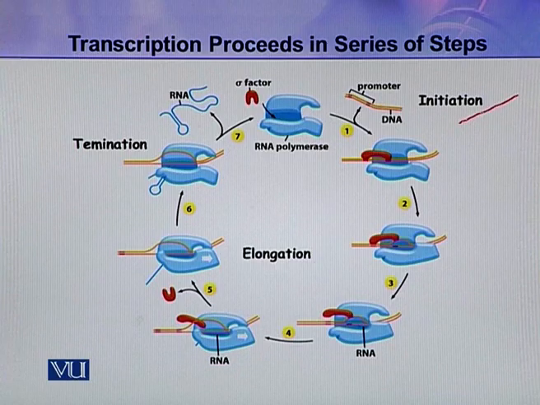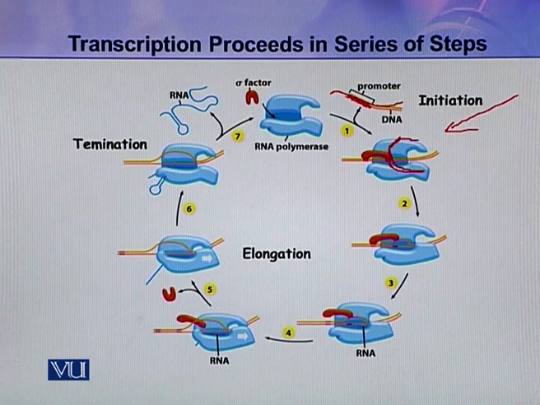It starts from here, that is initiation. This is the DNA strand, and on this DNA, this small portion is the promoter. So this RNA polymerase attaches to the promoter, and it starts initial transcription.